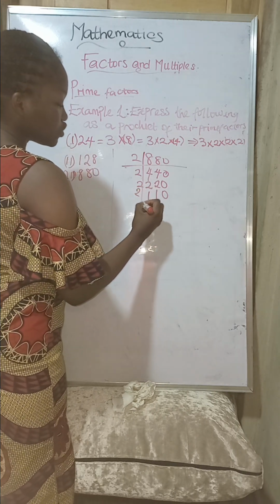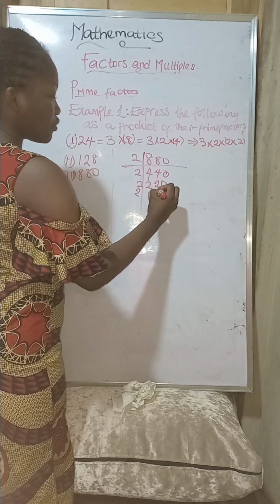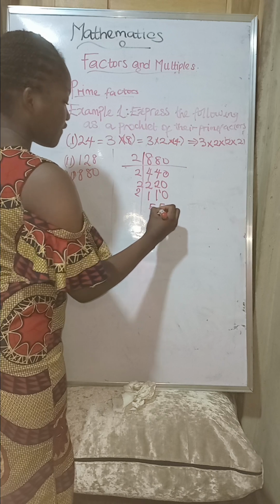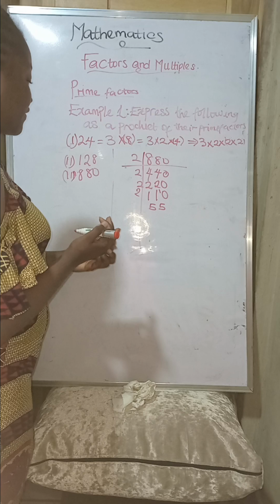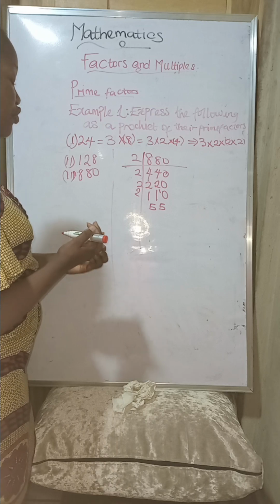So 2 into 11 is 5 remainder 1. Then 10 divided by 2 is what? 5. So we have 55. Which common number can divide 55? 5. 3 cannot. You try 3.